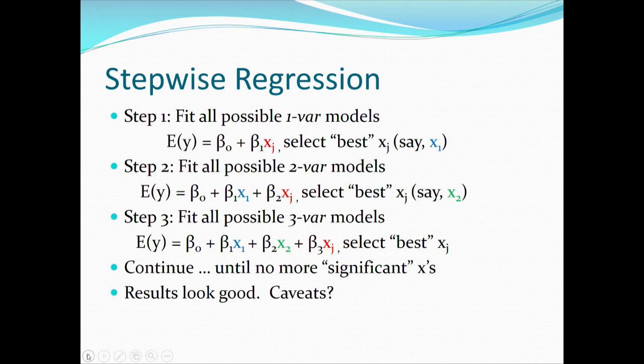How many in step 3? 8 more, and so on. Remember, I think 5 X's got added. 10 plus 9 plus 8 plus 7 plus 6. That's way too many tests. The chance of you making at least one type 1 error is practically 1. Way too many t-tests being conducted to stop after running a stepwise. Okay? So that's number one problem.